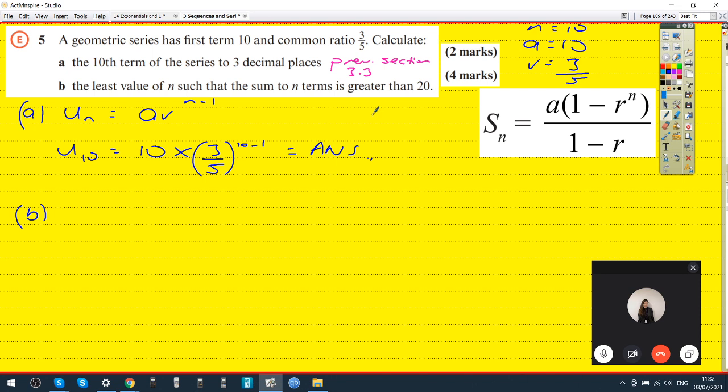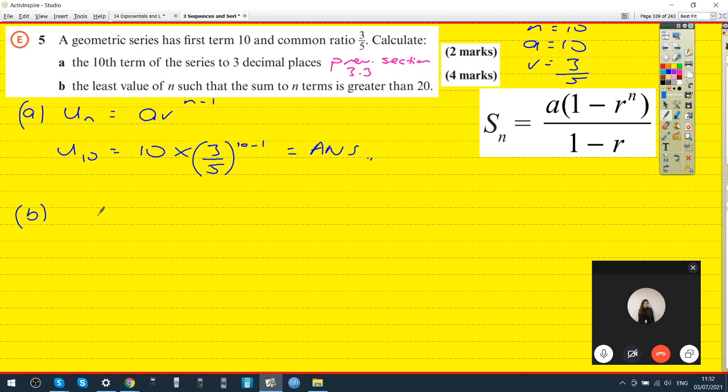So for this, do you want to use Sn equals a brackets 1 minus r to the power of n over 1 minus r? And we want n. We still use a is 10 and the common ratio, which is 3/5, which is r.